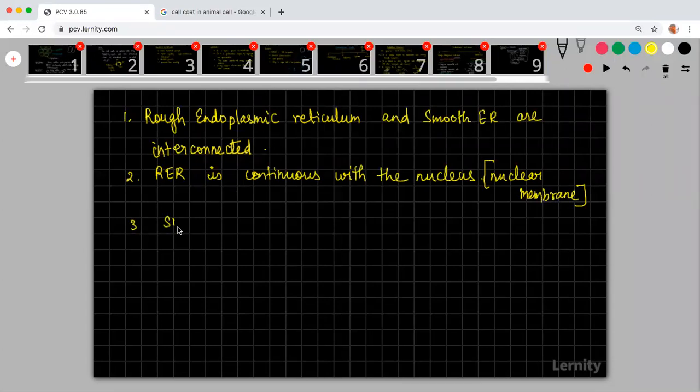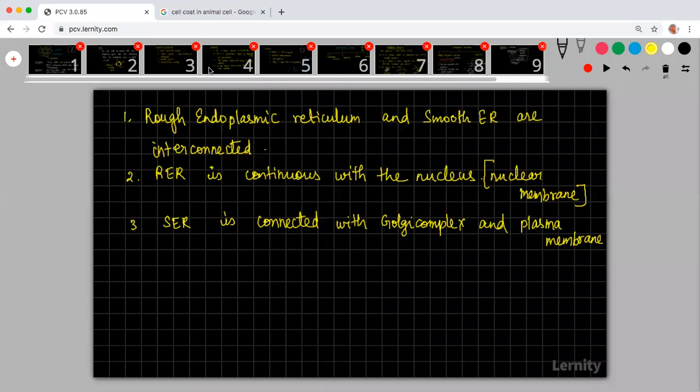The third one, SER, is connected with the Golgi complex and plasma membrane. Connected and continuous, I think it's the same meaning.